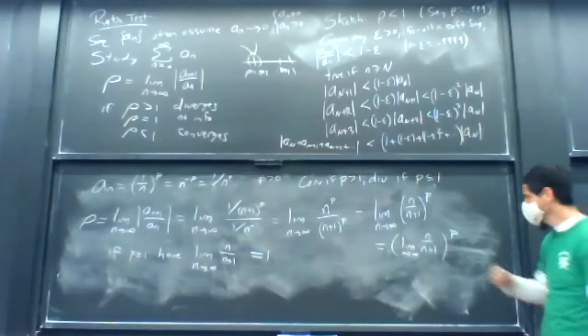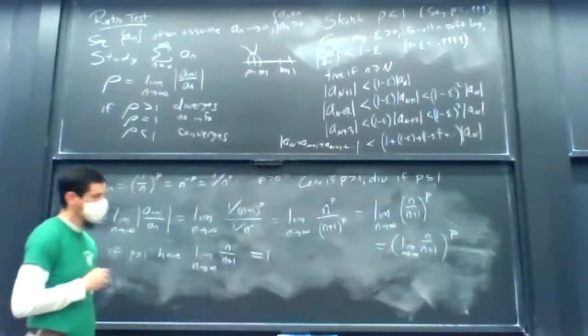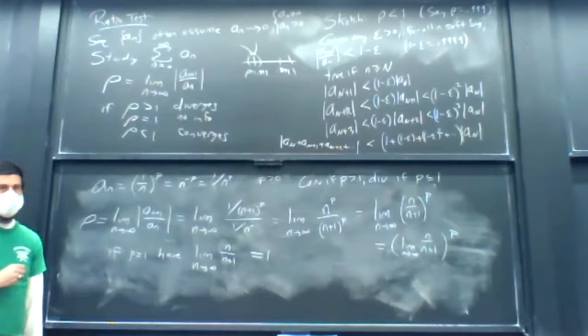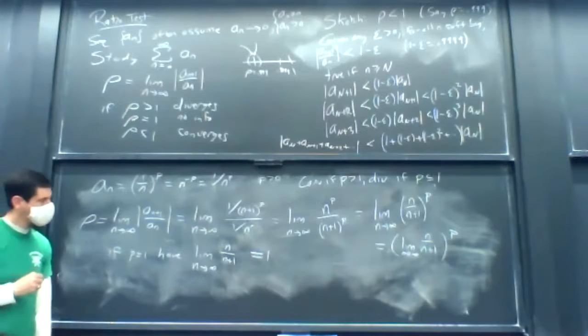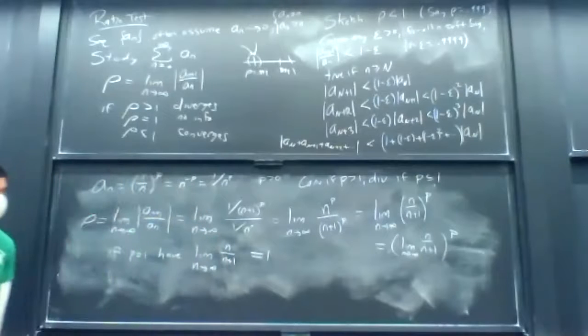But if you're willing to accept that statement, then we're done immediately, because now we know that rho is always equal to 1. Let me quickly show what to do if p is not an integer.